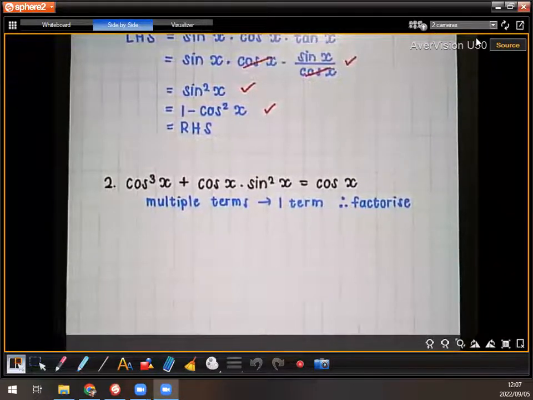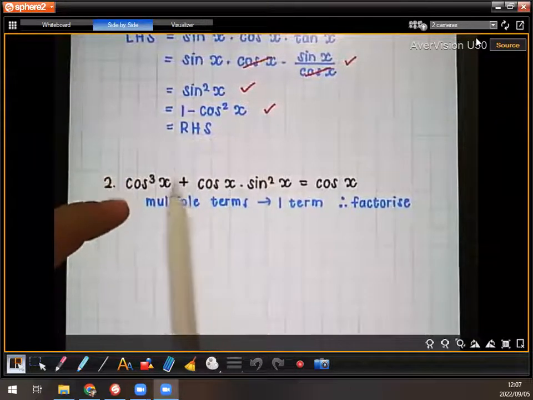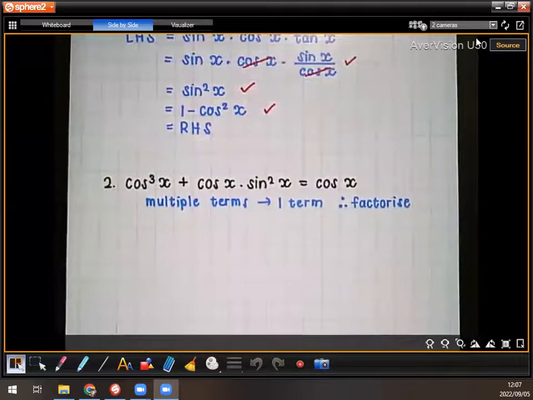I don't know how you guys feel about factorizing, but it does come up in this section quite a lot, where you have to factorize either by taking out a common factor, maybe doing a difference of two squares, possibly even trinomials, which is quite tricky. But we'll get to that. So something to keep in mind is that you might have to factorize. Especially if you see multiple terms and you need to go to one term, in that case, you will always have to factorize.